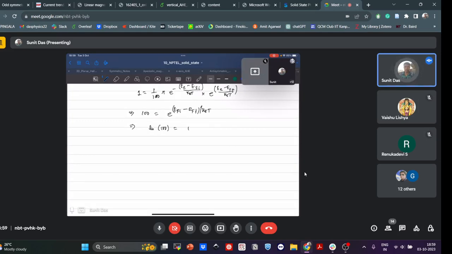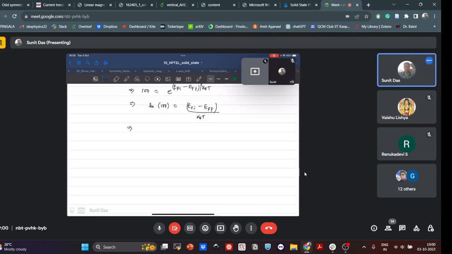Log of 100 equal to EF initial minus EF final by KBT. This EF initial minus EF final will be 25 MeV into 10 to the power 10 square, let's say.